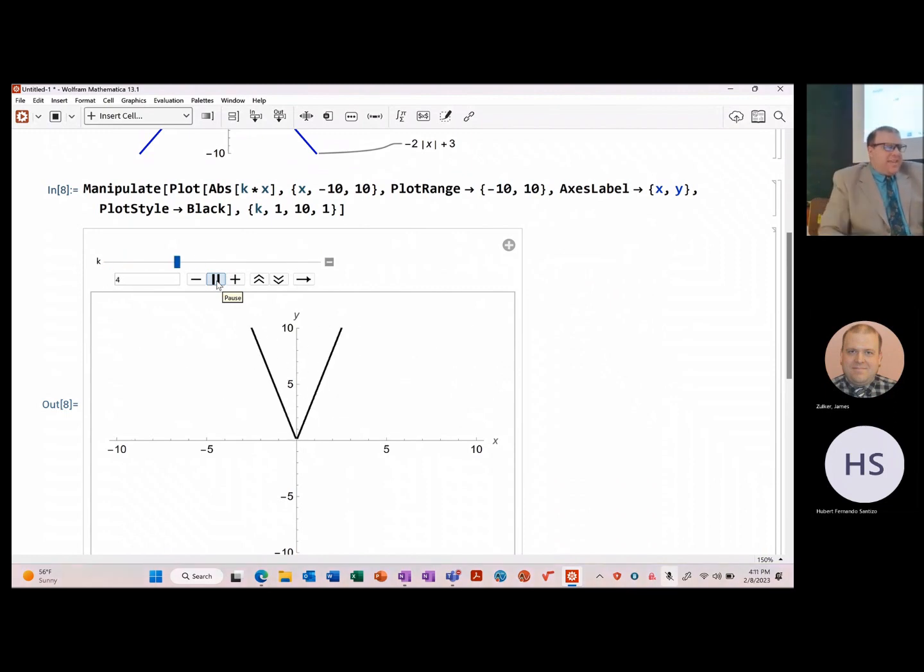And then of course, if that k happens to be negative, it's just a reflection and then a stretch or compress. Right, so we always say k is positive. If it turns out to be negative, you just take the positive and say the negative is a reflection. That's all there is.